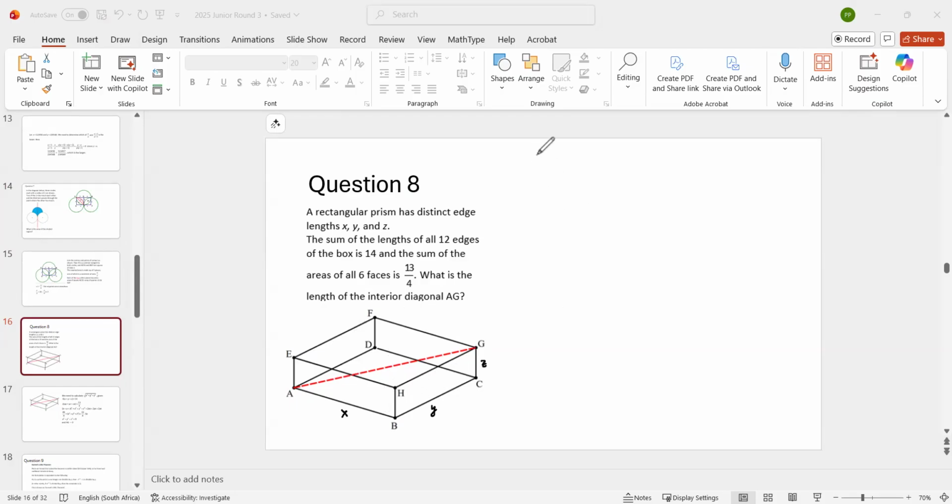Now the x is repeated 4 times. You can see x, x, x, x, that, and that. Likewise, the y is repeated 4 times, and the z is repeated 4 times. And that gives you the 12 edges, and it is given that is 13 over 4. All right, so it's 4x plus 4y plus 4z.